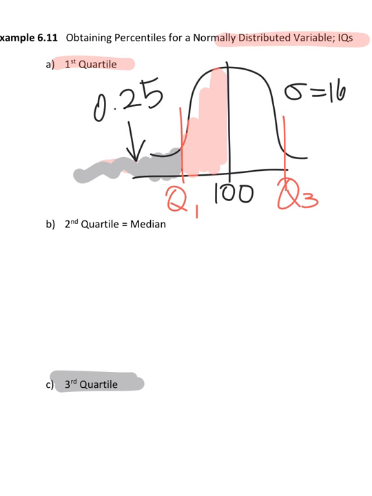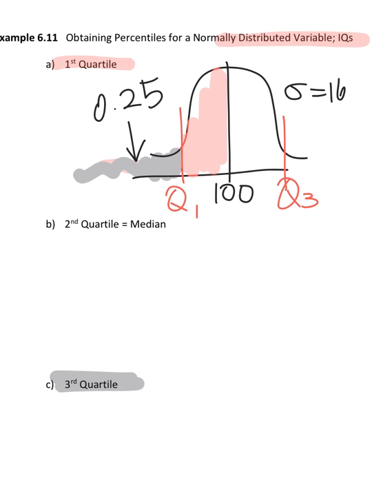Let me ask you another one. Who is the median now? We can expect the first quartile to the left, the third quartile to the right. Then who is the second quartile, the median? 100? Actually 100 was the mean. Why is 100 the median as well?